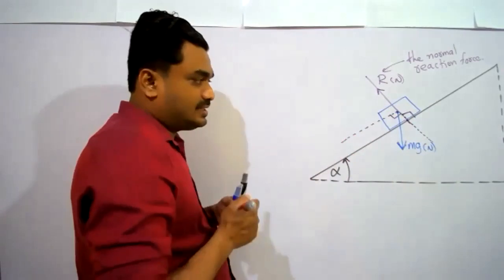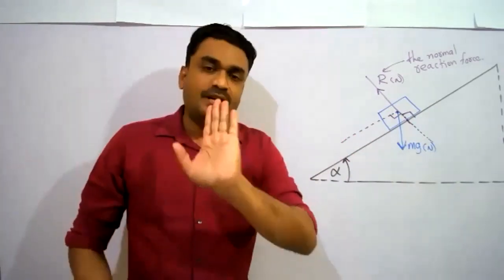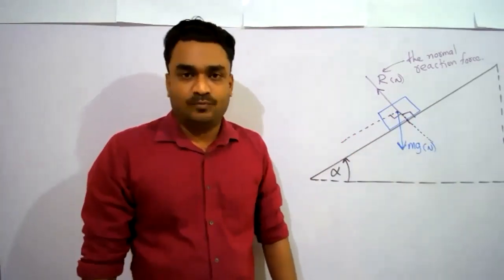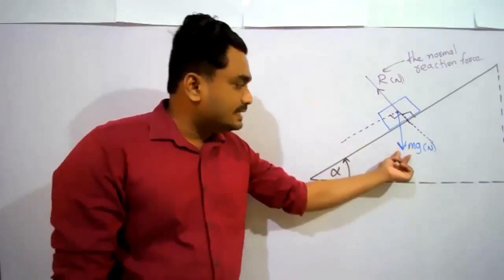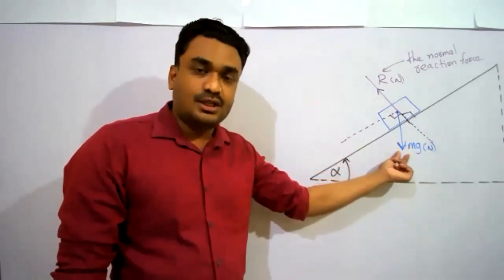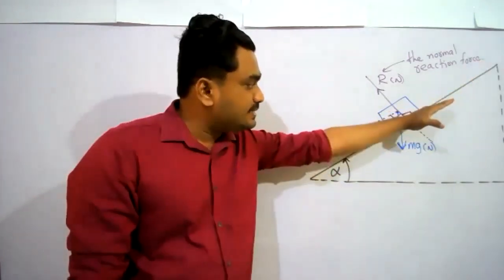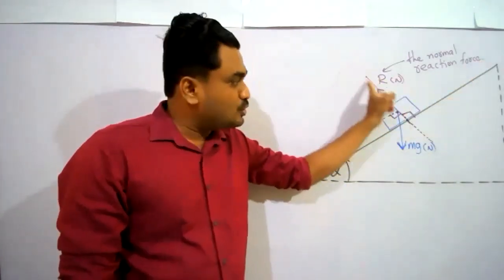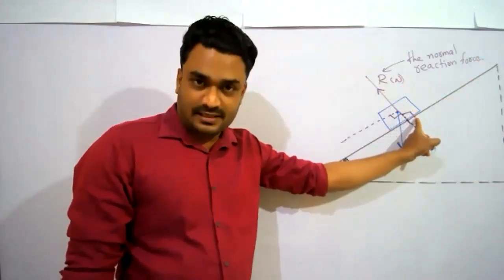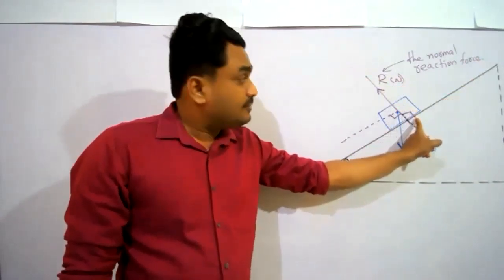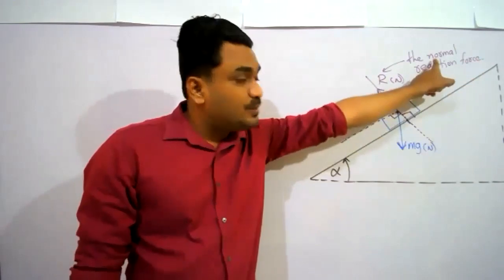To divide it, the first thing, listen, how many forces are acting on the object? The force given by the earth, gravitational attraction force, mg. And the force given by the surface, R, that force perpendicular to the surface. In physics, perpendicular is said to be normal.